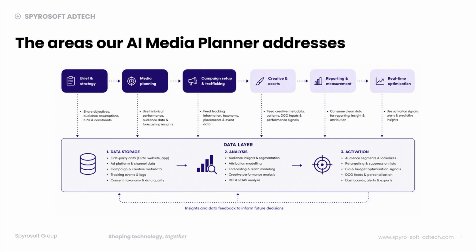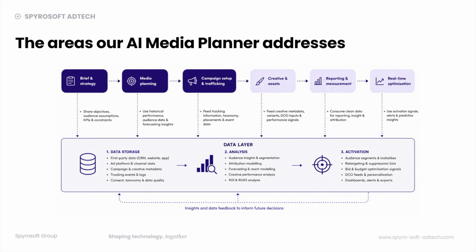The role of the data layer is to constantly collect data from various sources, right? So for example, your first party data, campaign data, etc. Analyze it and then use it to inform each stage of the media planning process. So the data can be used to create the media plan, provide insights into audiences, and also optimize campaigns in real time.